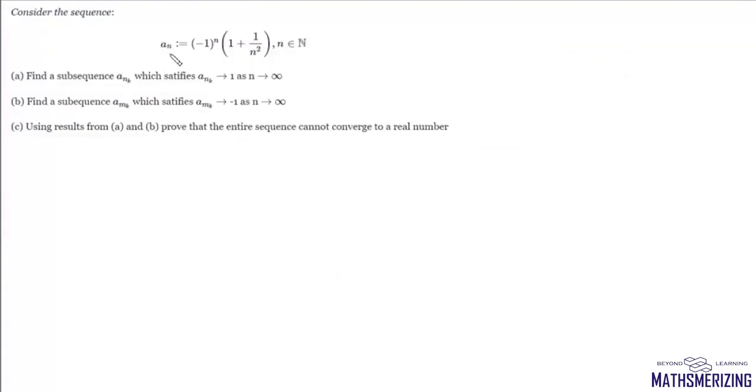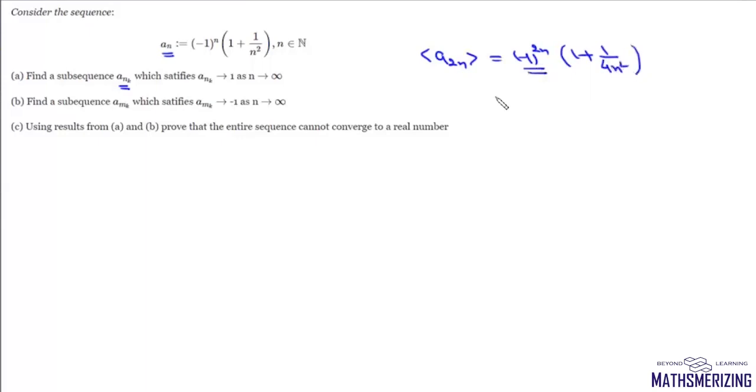Say for example, we are given the sequence an which is minus 1 to the power n, 1 plus 1 upon n square. Now it says find a subsequence ank which satisfies ank approaches 1 as n tends to infinity. Now one such subsequence could be this a2n. Now a2n will have minus 1 to the power 2n and then 1 plus 1 upon 4n square.